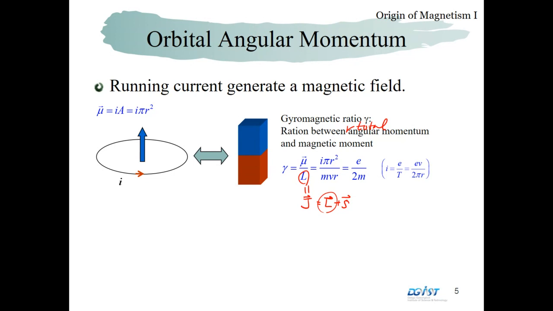In many 3d metals, the orbital angular momentum is quite small, so the total moment is dominated by the spin moment, but there is a small contribution from the orbital moment. Depending on the materials and the details of the electron structure, this value changes a little bit, but it is almost 2 point something. So the difference of the gyromagnetic ratio for each material represents a different contribution of the orbital angular momentum of each material.